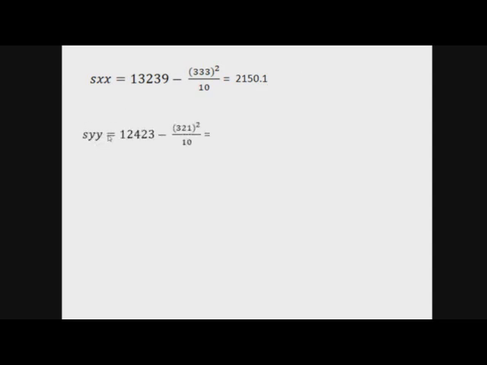And then SYY: again, the same thing applies as for SXX, but with the y values. You do the sum of y squared, which is 12,423, minus the sum of y squared, 321 squared over 10, which gives 2,118.